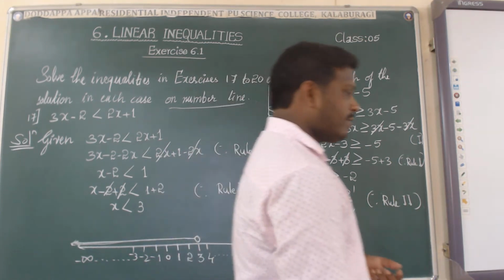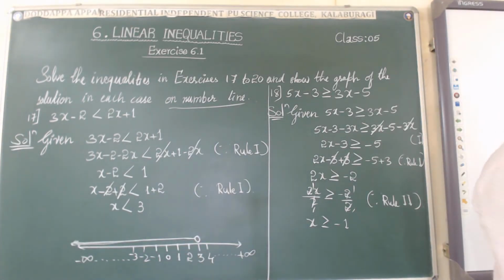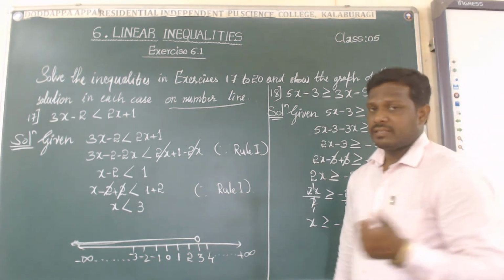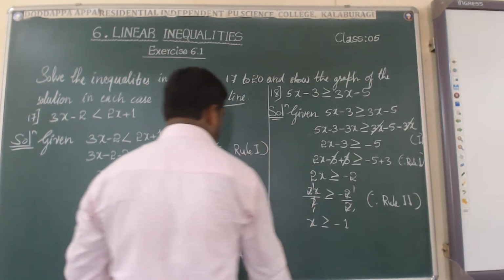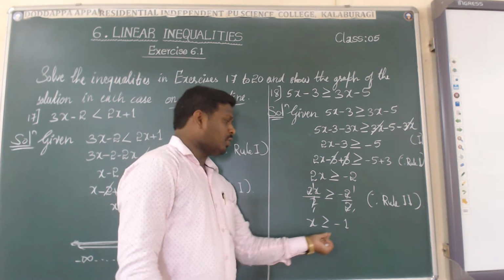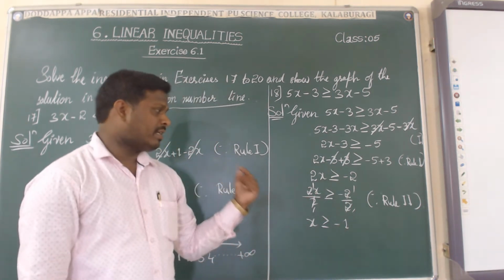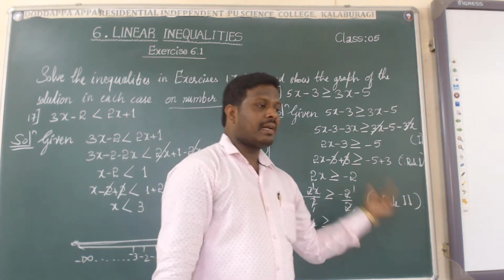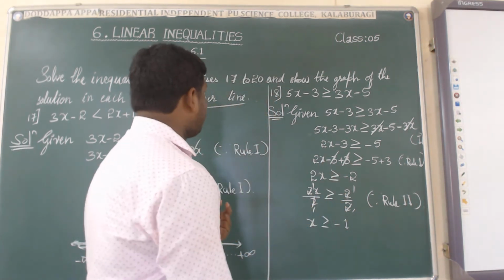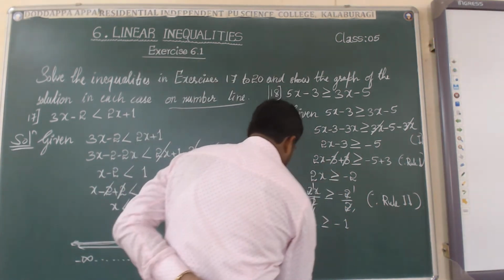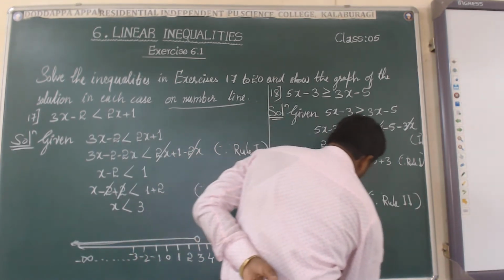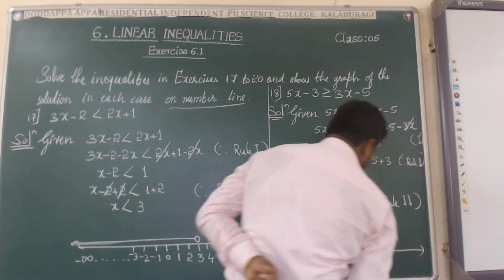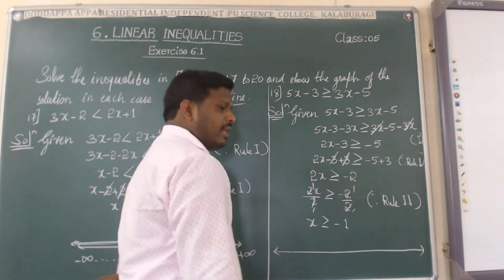See the value of x here starting from minus 1. So how to read this statement? x is more than or equal to minus 1, or minus 1 is less than or equal to x. How can we represent this on a number line? I will draw the number line. The value of x is moving to which side, right side or left side?